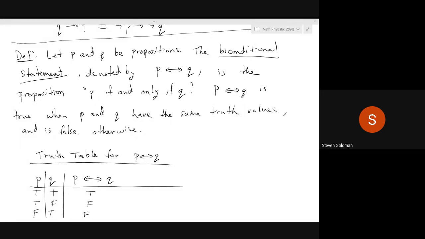When you see the words only if, you're saying one thing implies the other. When you say if and only if, that means both ways. It means P implies Q and Q implies P.